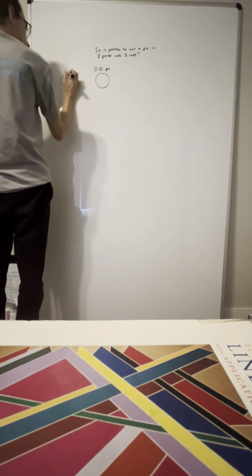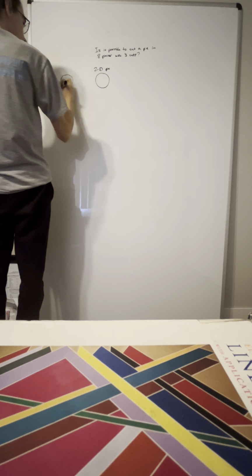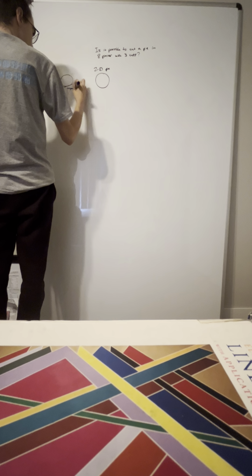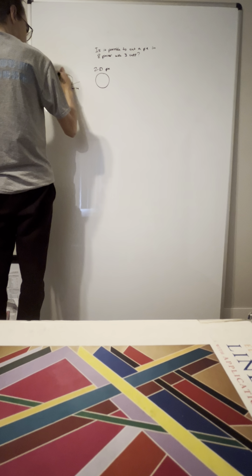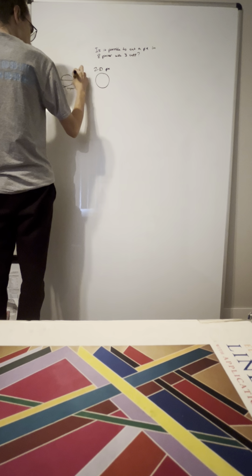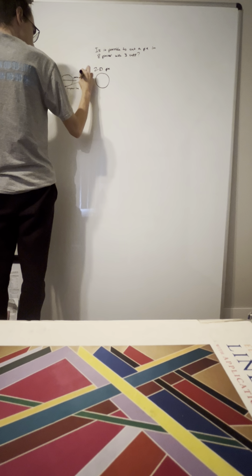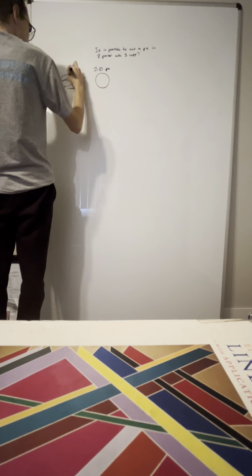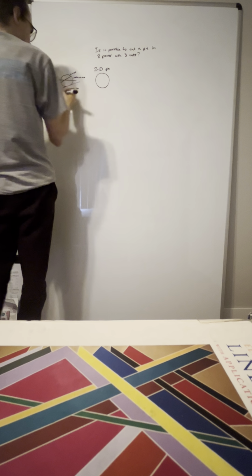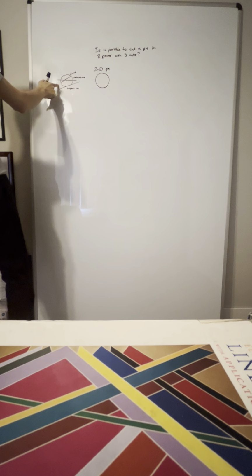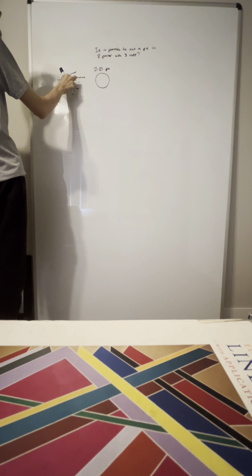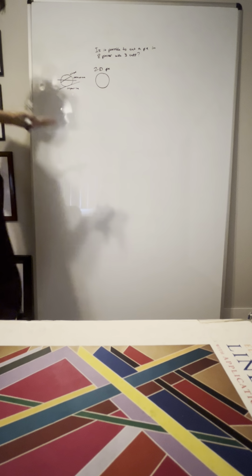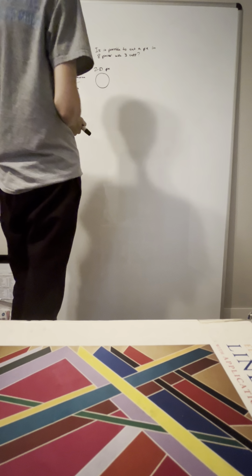Okay, so this is basically a tangent line. This is like a secant line, and something like this is a chord, and a chord is just a segment that only goes up until the circle's boundaries, and it doesn't extend further beyond that.